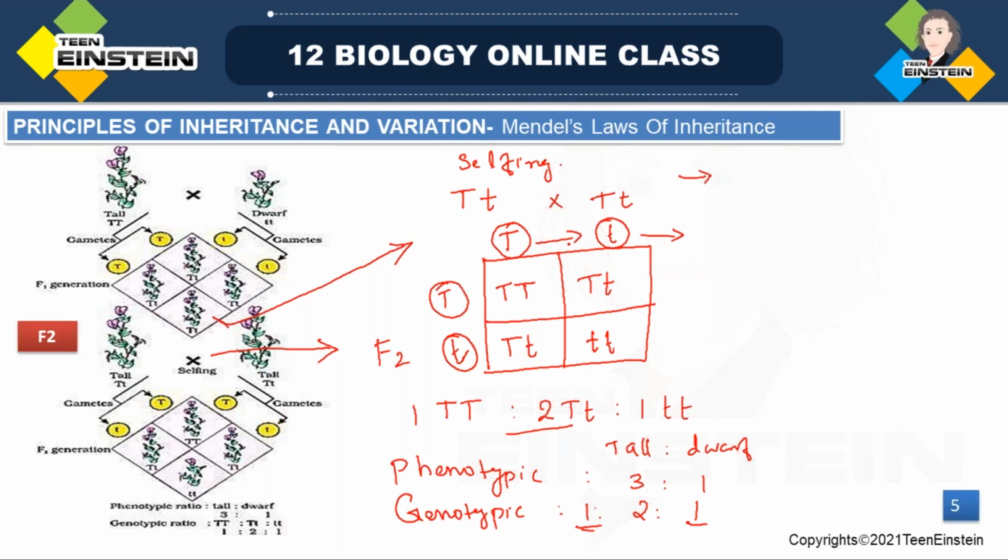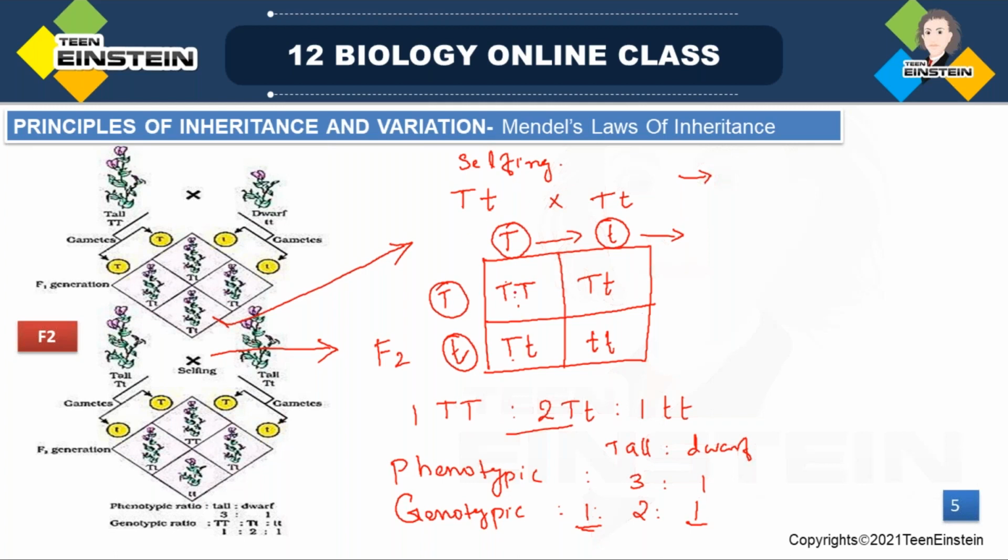This condition I am explaining. It has only a 50% chance to combine with the same allele, and another 50% chance to combine with the dwarf allele. So there is a chance of 50-50. Here it may combine with capital T. If it is combining with capital T, the same type of allele, that will form a homozygous condition.